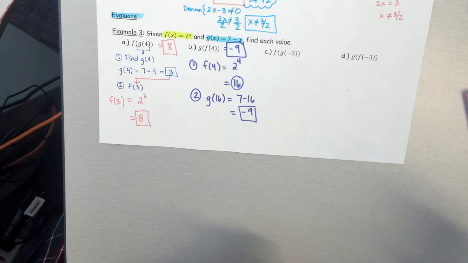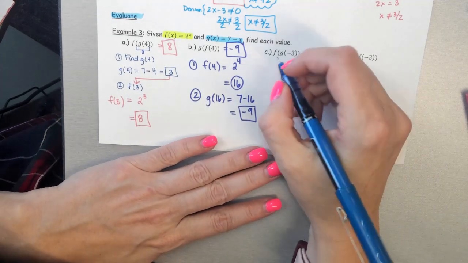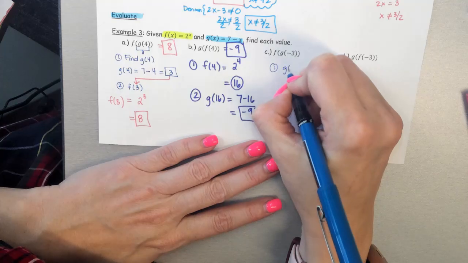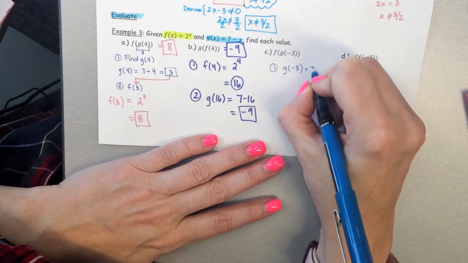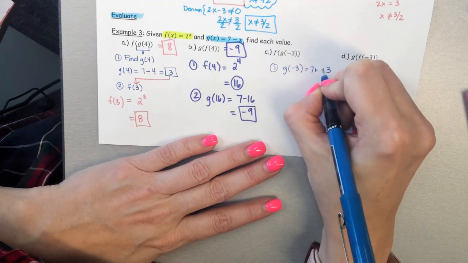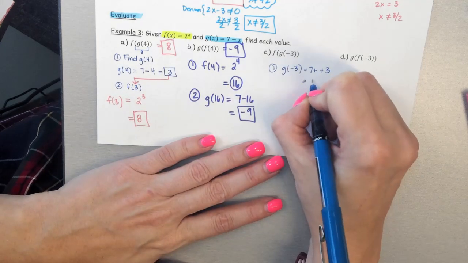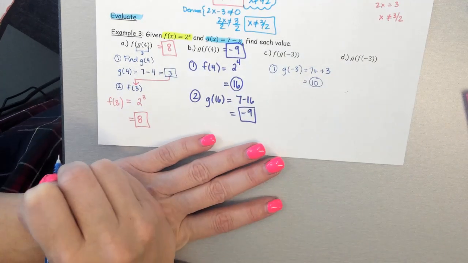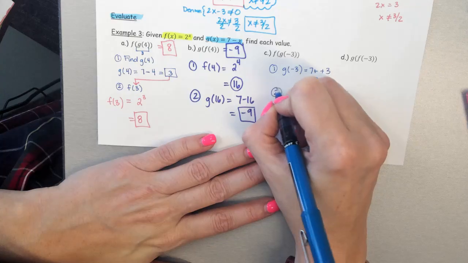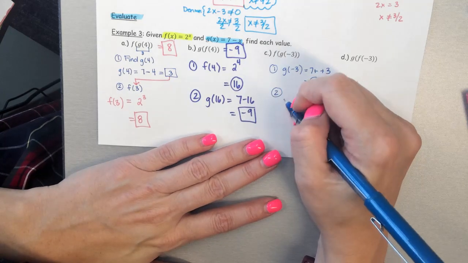Okay, and then for C, your first step is g of negative 3. When you do minus a negative, did you remember to change it to plus? Good. And you got 10. All right, and then I know 2 to the 10th is kind of a lot.